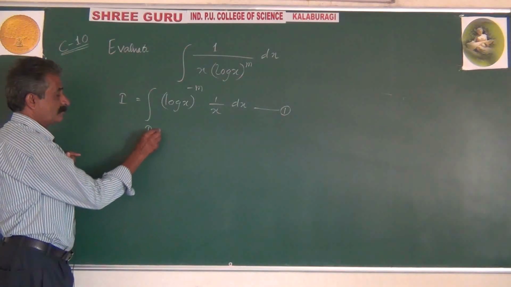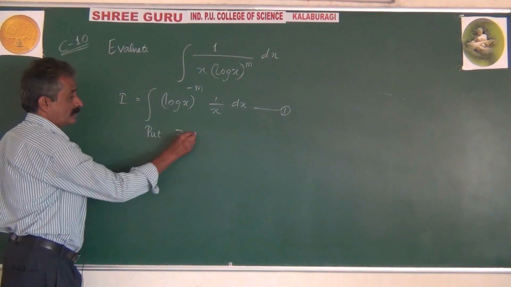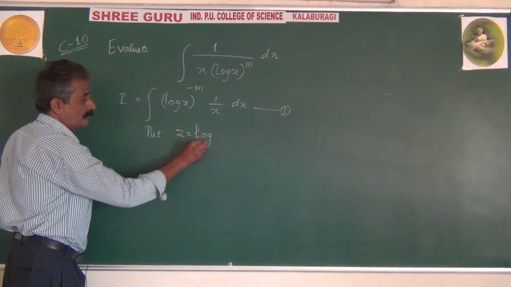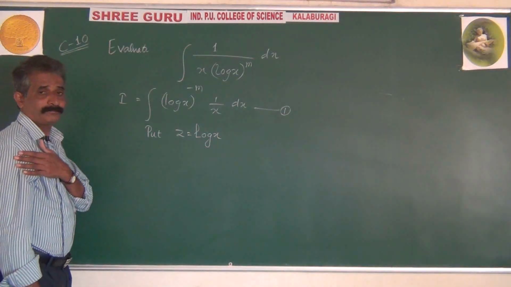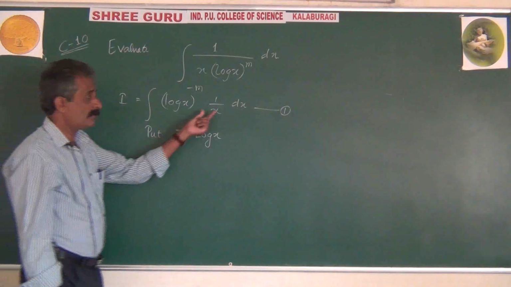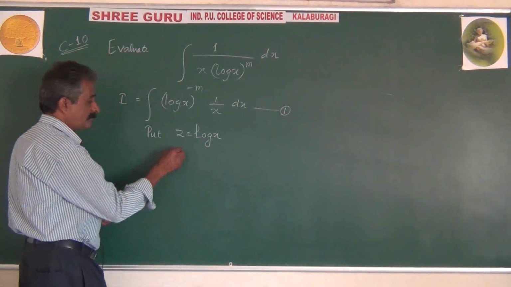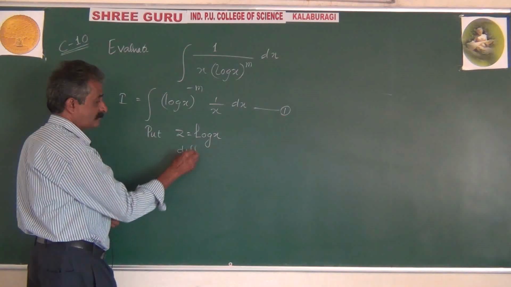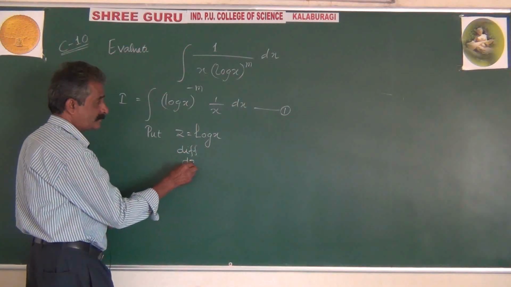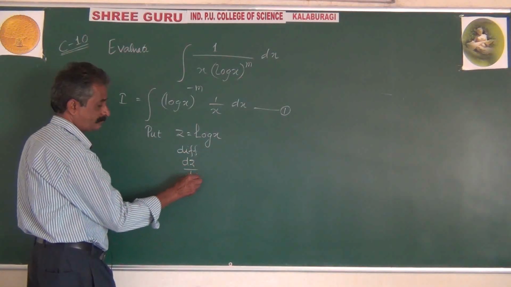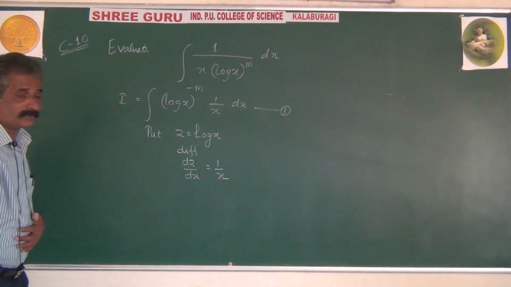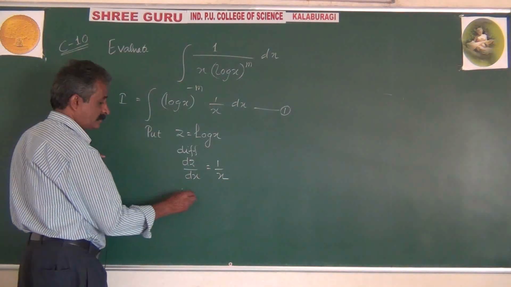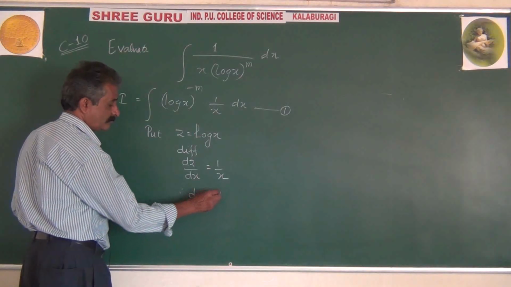Put z equal to log x. You can put t also or theta, choice is yours. Because there is a support of 1 by x. Differentiating with respect to x, dz by dx equal to 1 by x, or 1 by x dx equal to dz.